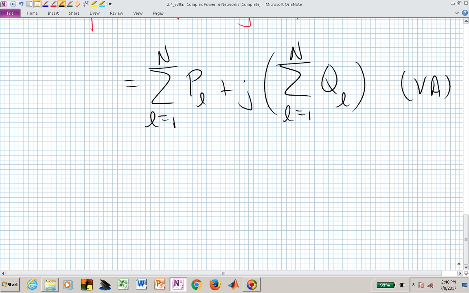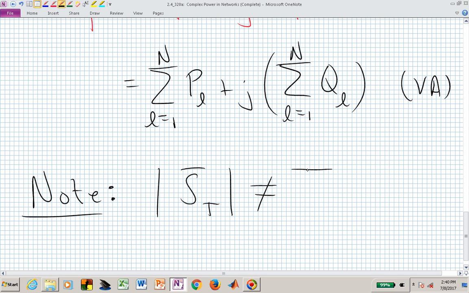One thing you need to understand or note is that if we now took the absolute value, or the apparent power, of the total system, that's not the same as adding up the apparent powers of each of the subsystems.